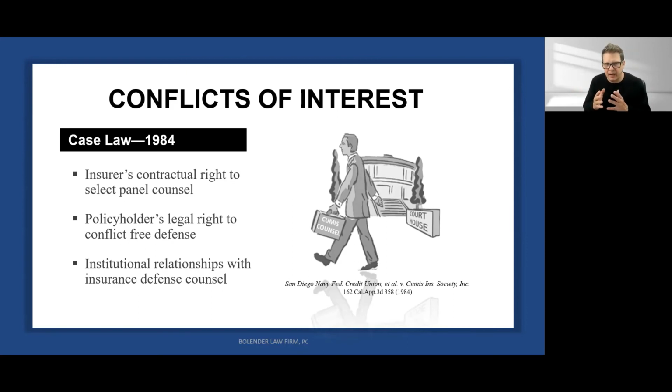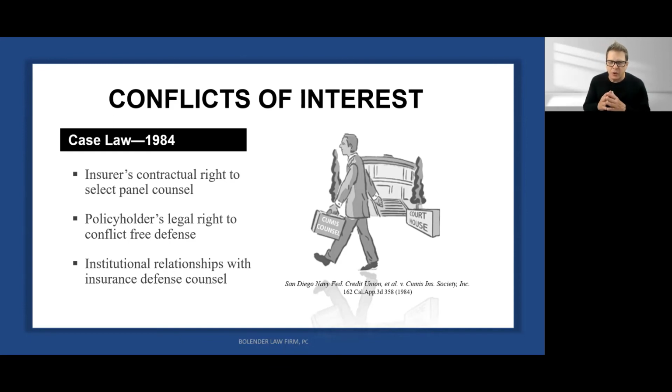That basic paradigm, intent versus neglect, is the prime example of what is known as a steerable issue. A steerable issue is one that can be steered away from coverage by the manner in which the defense counsel litigates the case.